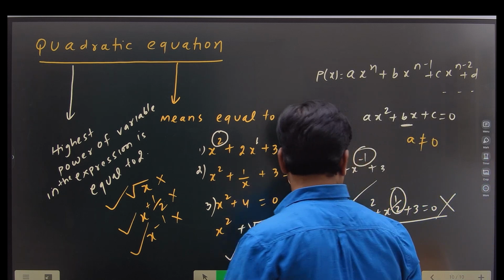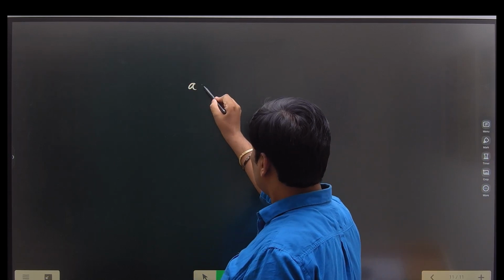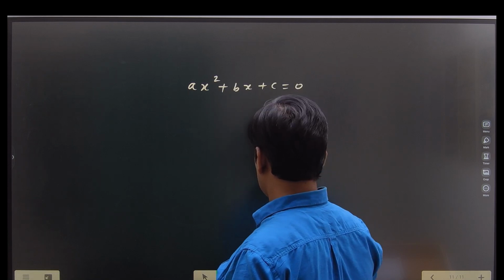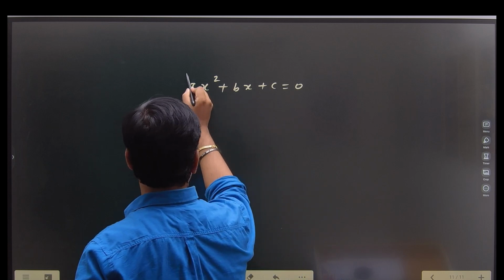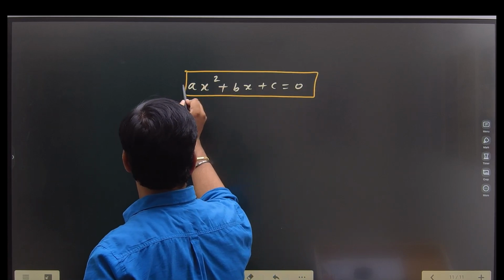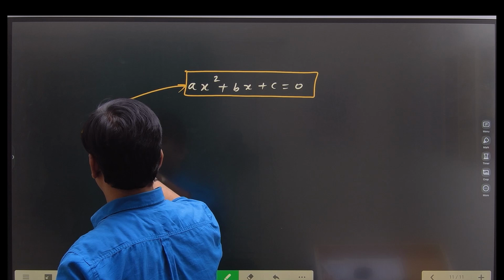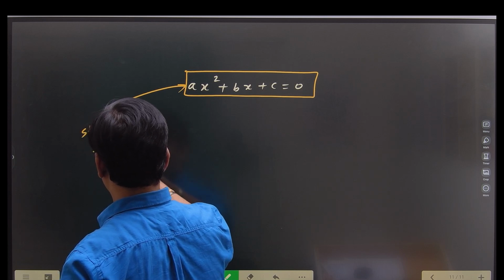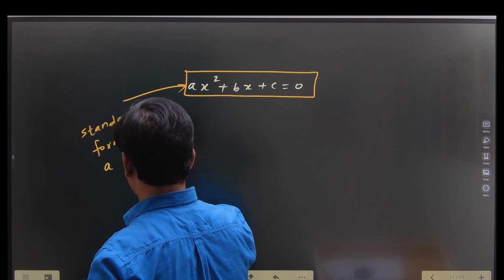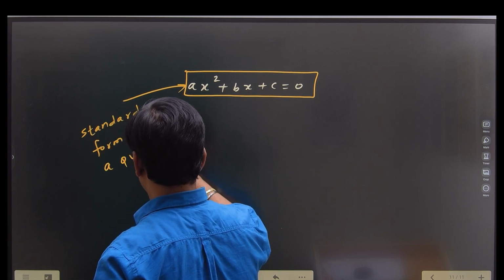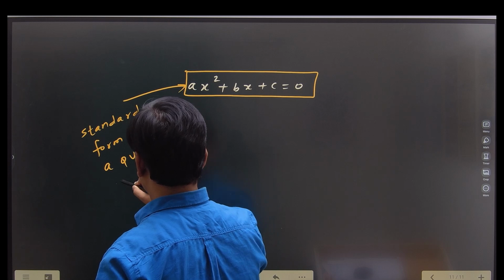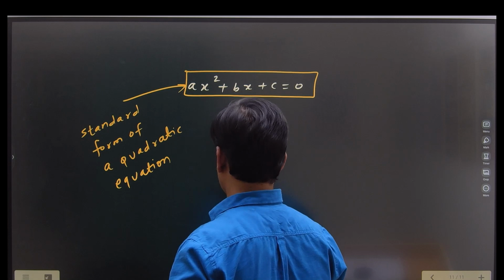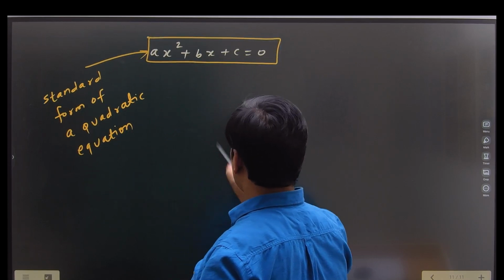So next thing, this is the standard form of a quadratic equation. a can't be equal to 0.